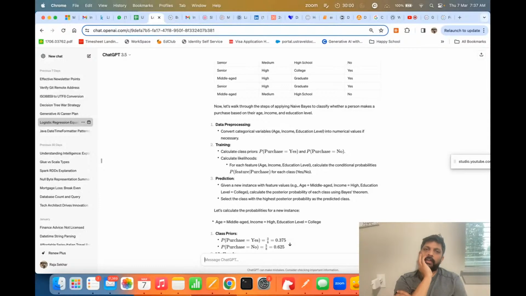Calculate likelihoods for each feature: age, income, education level. Calculate the conditional probabilities like P(feature | purchase).